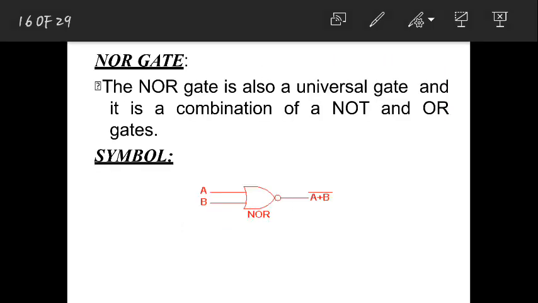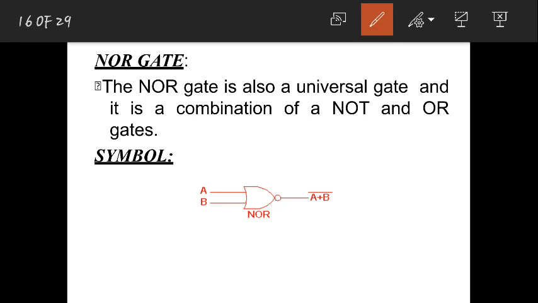Next I have the NOR gate. This NOR gate is also a universal gate and is a combination of NOT and OR. Before, for the NAND gate, I placed a NOT in front of the AND gate, and that formed a NAND gate. Now in front of OR I will place a NOT gate, and that will become a NOR gate.